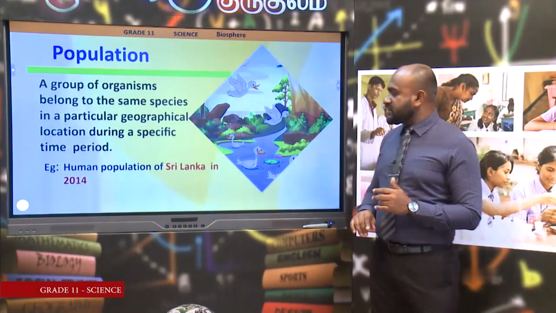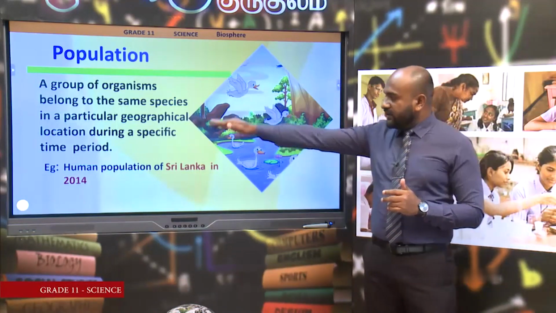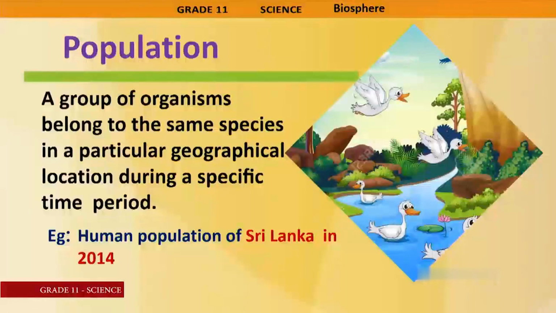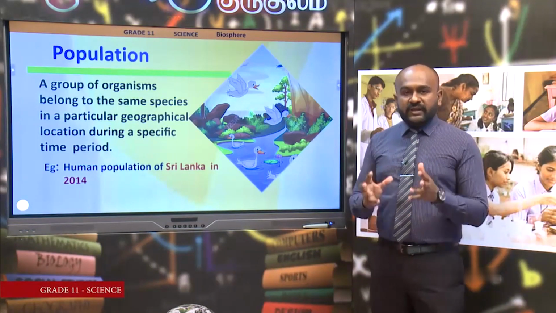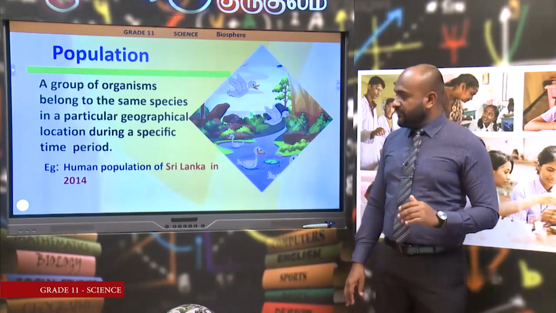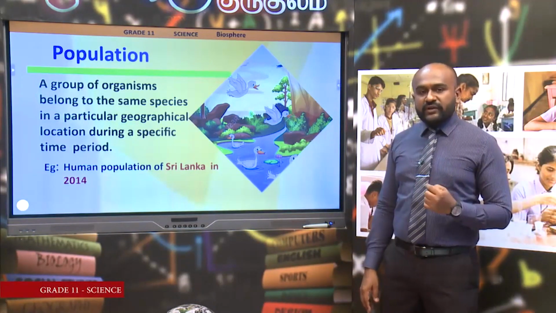Yeah, human population of Sri Lanka in 2014. So, as I told you, you consider the species, the geographical area, and the time duration. So, in the exam if you are asked to define population or if you are asked to even write an example, I think you all can do it considering all these three. Yeah. What is the next organization level? Shall we go to the next organization level now?